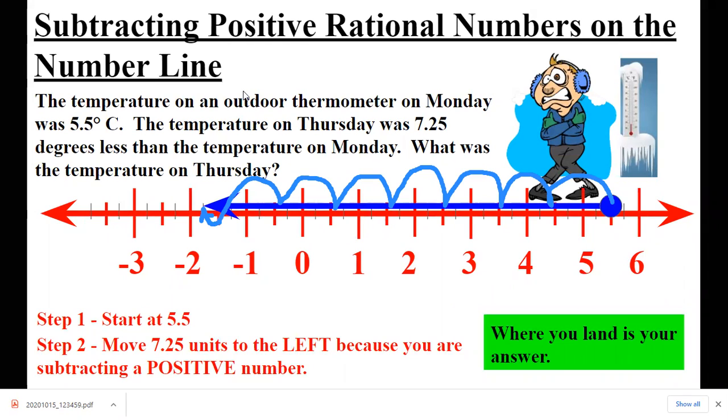Where you land is your answer. And we landed on negative 1.75. So the question was, what was the temperature on Thursday? It was negative 1.75 degrees Celsius.